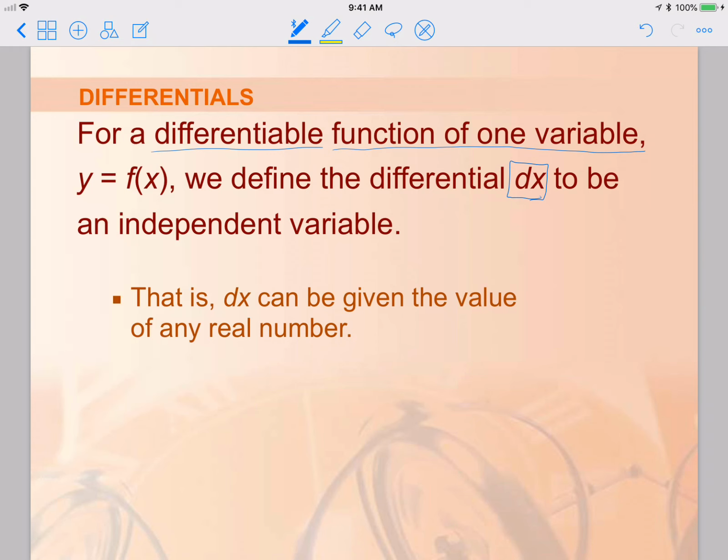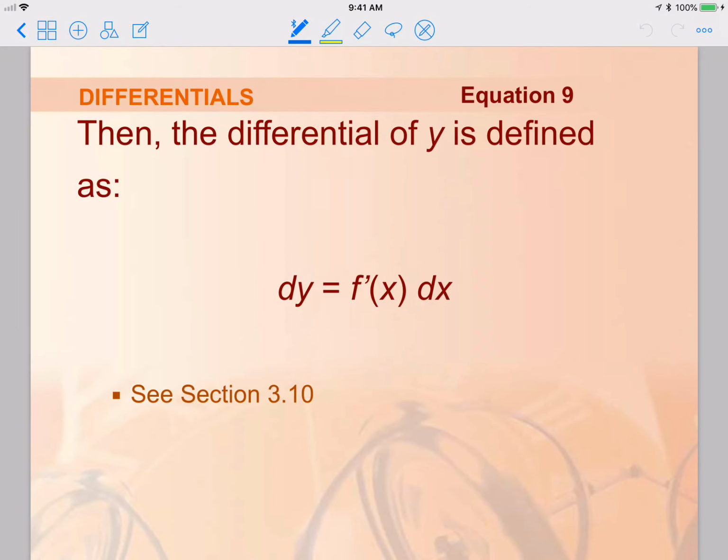That means dx can be any number you want, any value you choose. Based on that, dy is now dependent and depends on your choice of dx, and on the derivative at the point x.